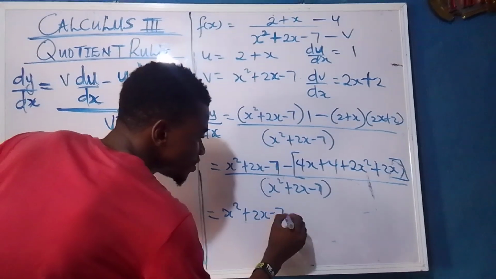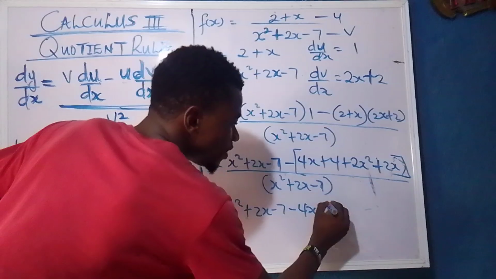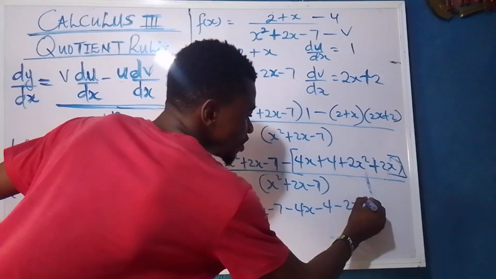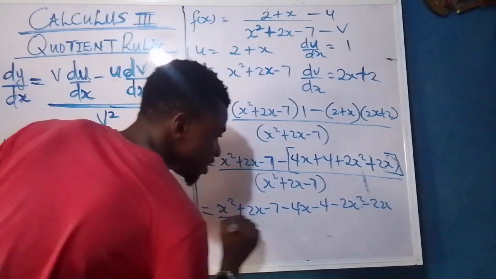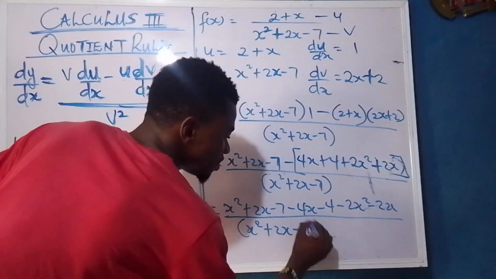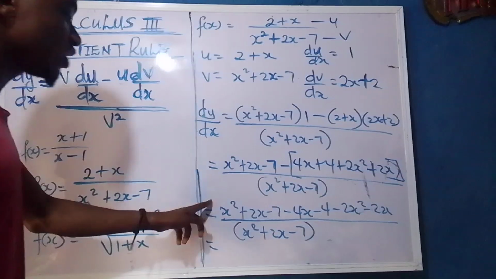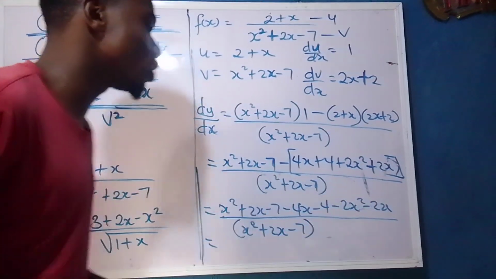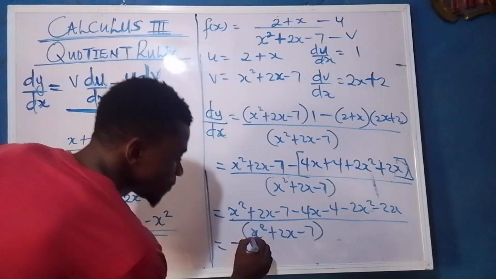x squared plus 2x minus 7, then open up with minus: minus 4x minus 4 minus 2x squared, then minus 2x, because when minus affects them, it changes their sign. Then over x squared plus 2x minus 7 squared. So finally, we can simplify by saying that x squared minus 2x squared will give minus x raised to the power of 2.